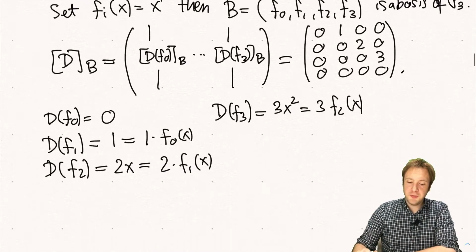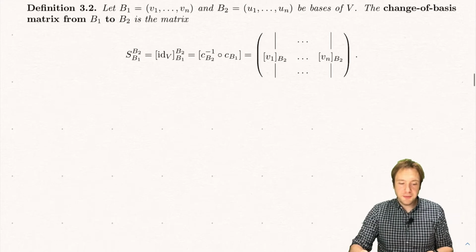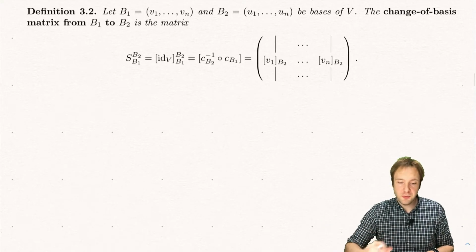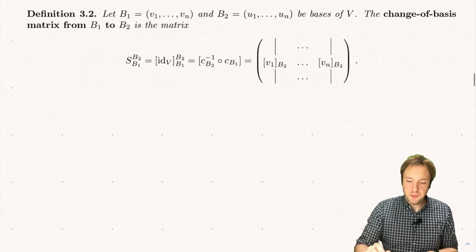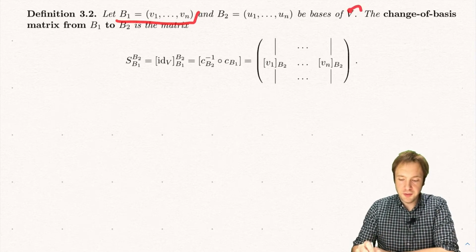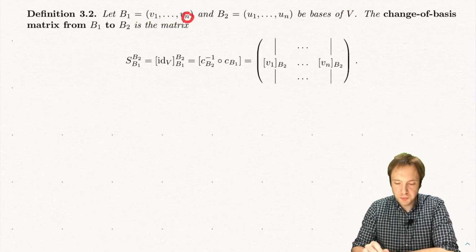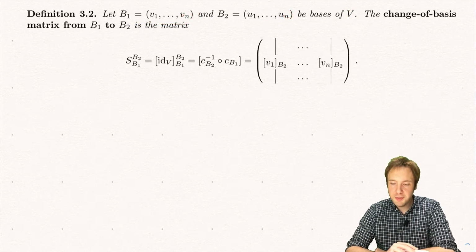And now what we want to discuss is change of basis from one basis to another basis. So for this, let B1 be a basis of a vector space V and B2 another basis. So both of them need to have the same number of elements.